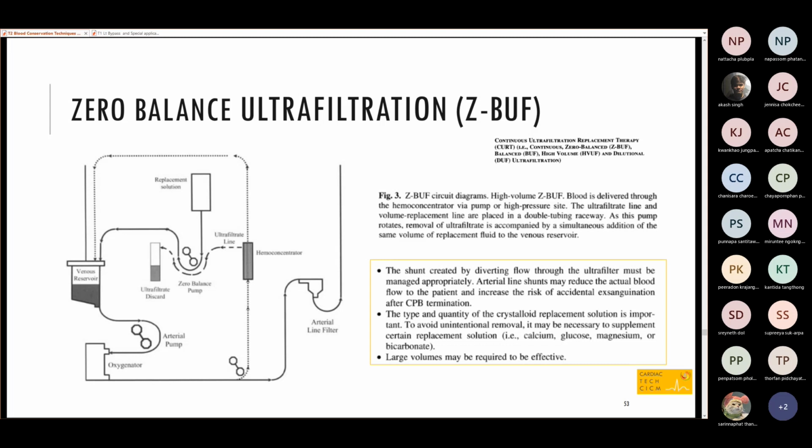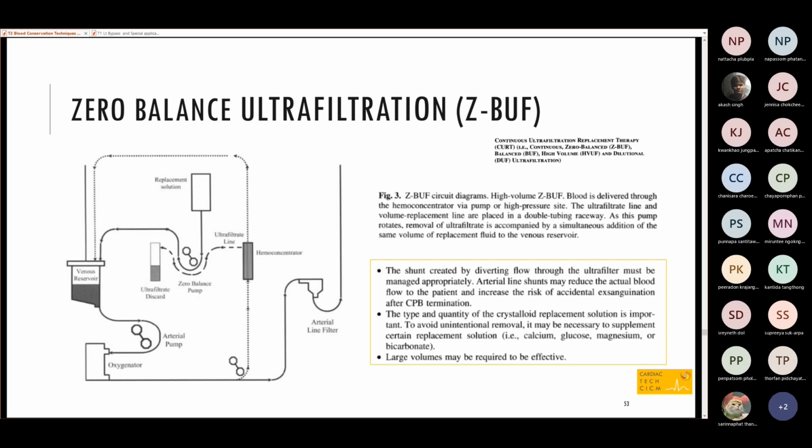So to avoid the hemodilution effects, we remove, or ultrafilter out, this excess fluid, and the potassium contained in the circuit and in the circulation moves out along with the fluid that we filter out.